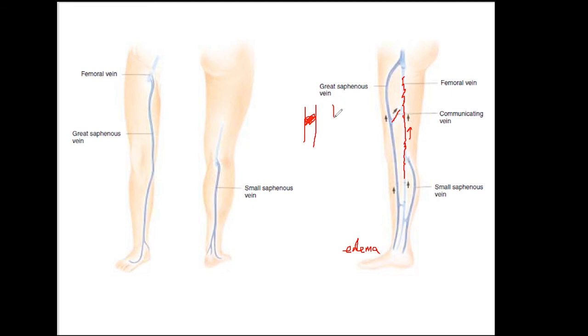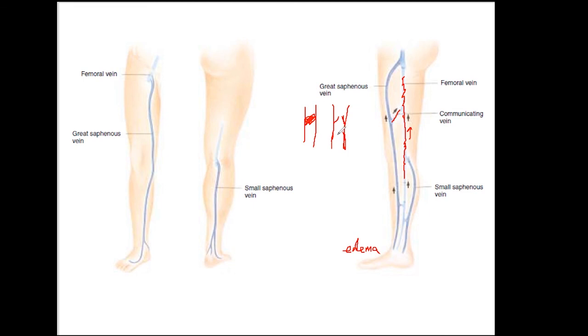Another possible reason: we know inside the vein there are valves also, pretty similar to inside the heart. Inside the heart, we have 4 valves. Inside the vein and the lymph, we still have valves. These valves function pretty similar to the chambers inside the heart.